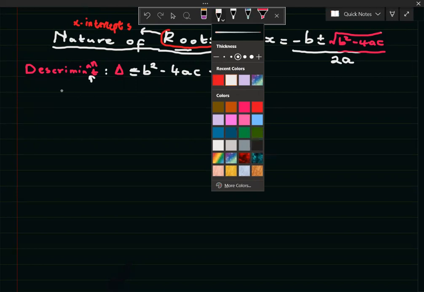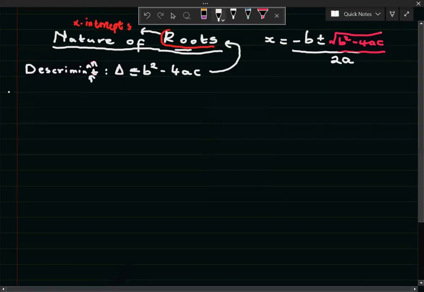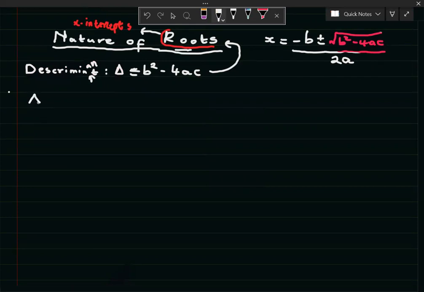Now I want us to talk about the delta. When I say discriminant, I'm basically talking about b squared minus 4ac. These are the cases of the nature of the roots.